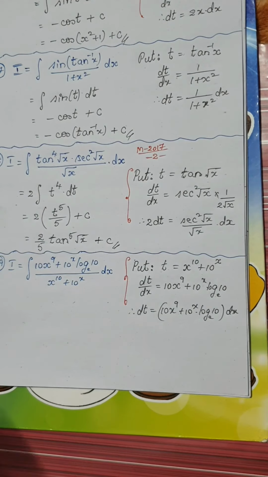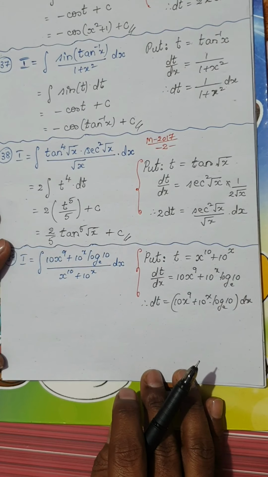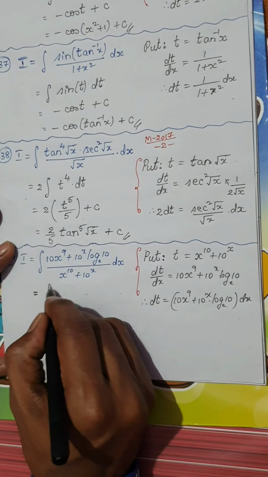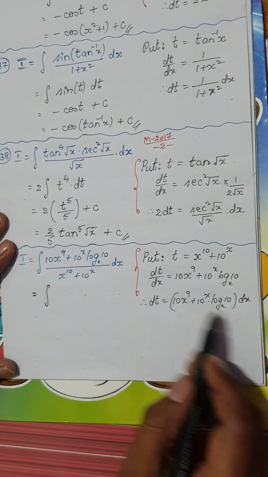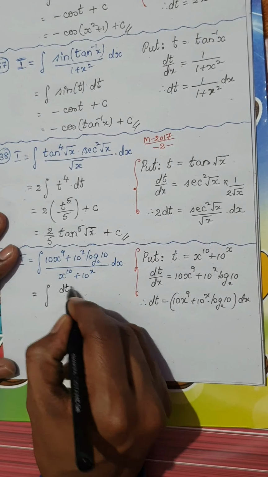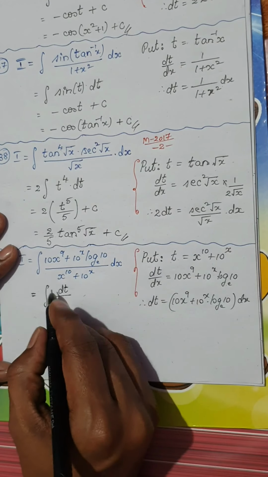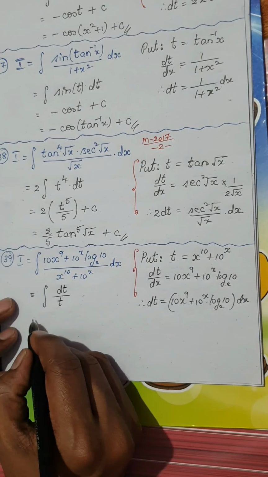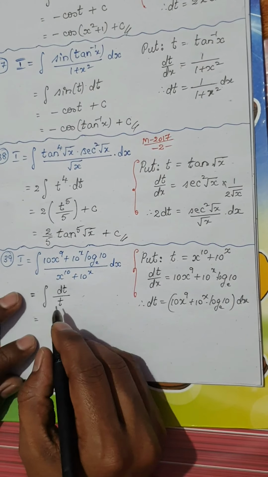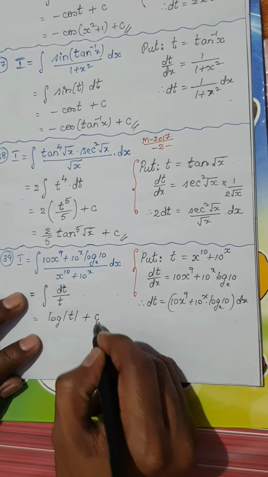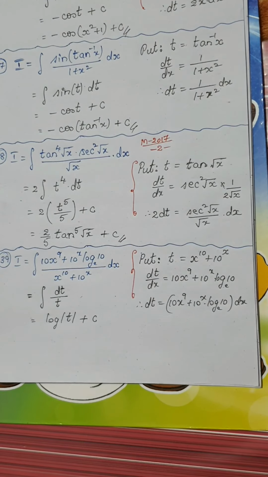Once the substitution part is clear, the question looks very simple. So this is nothing but the integral of, look here, the numerator is entirely dt. So I'll get dt divided by x power 10 plus 10 power x, which would be just t. A standard integral, the integral of dt by t would be log of mod t plus the constant of integration.